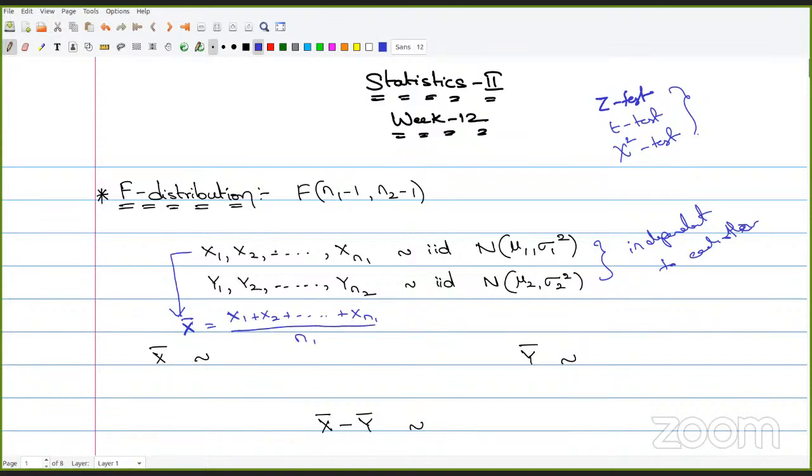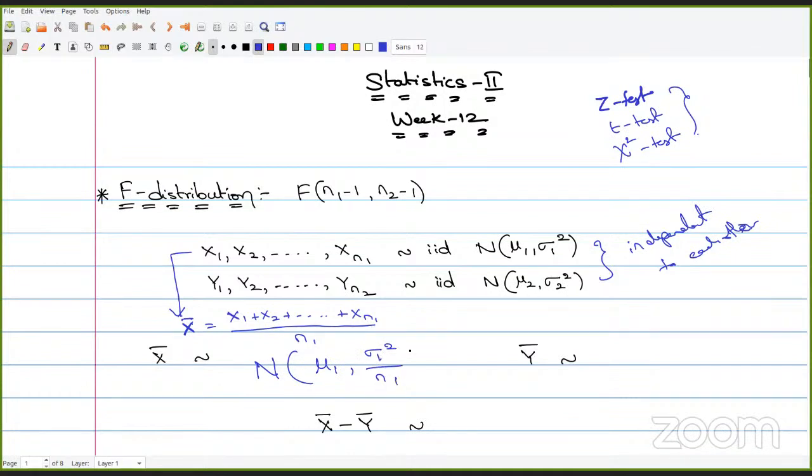If these samples follow normal mu1, sigma 1 square, then which distribution does this sample mean follow? Normal, with mean mu1 and variance sigma 1 square by n1.